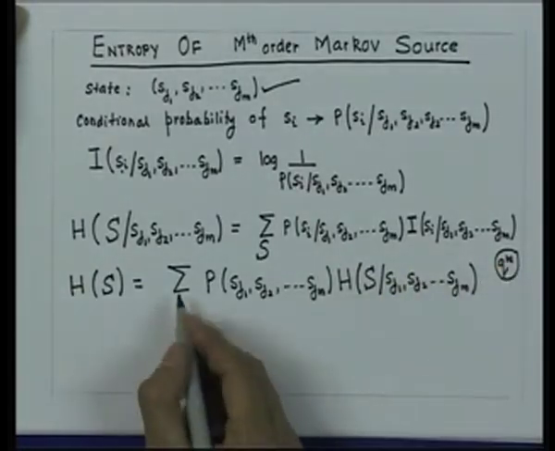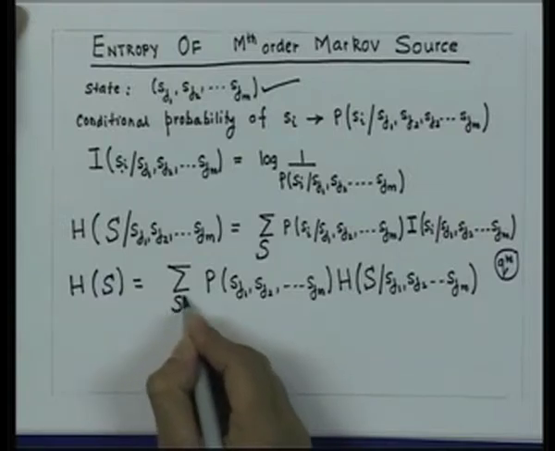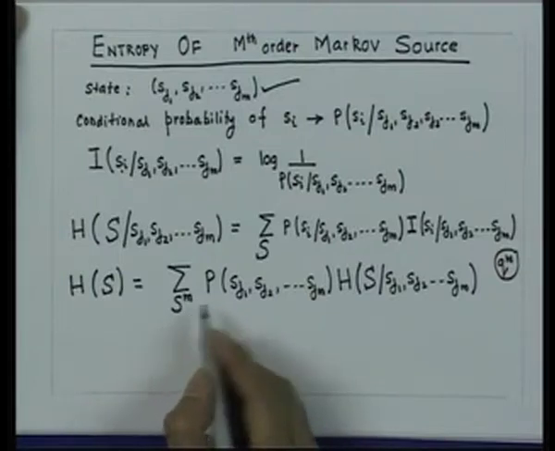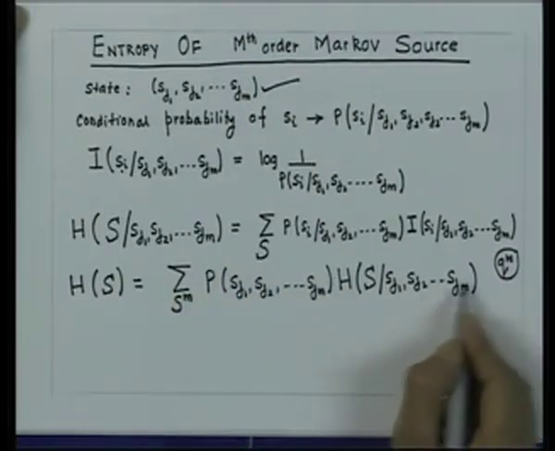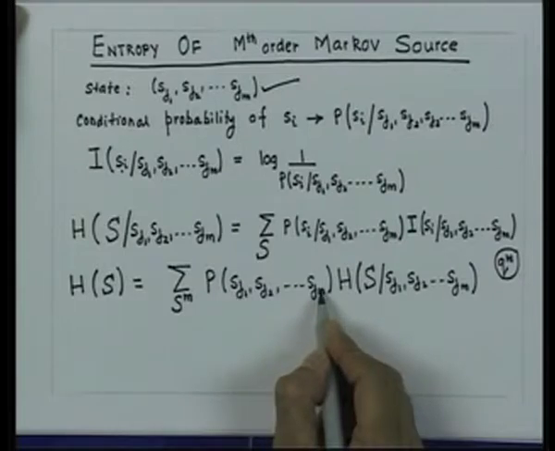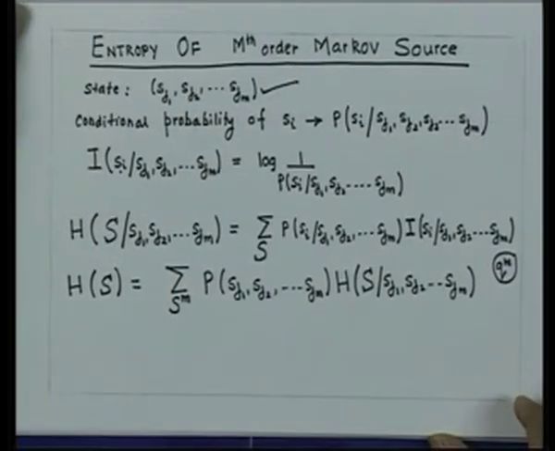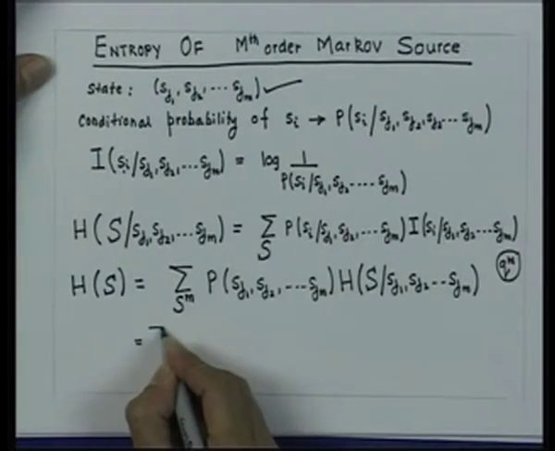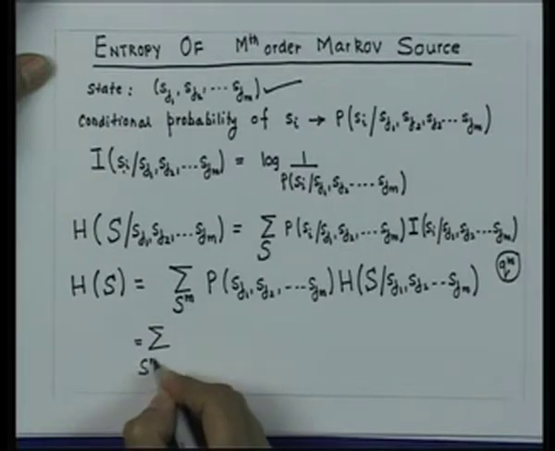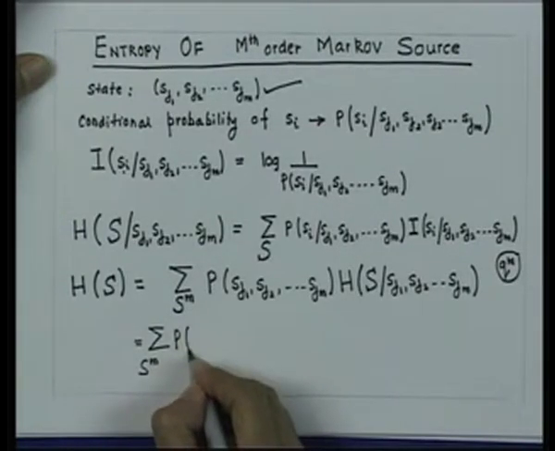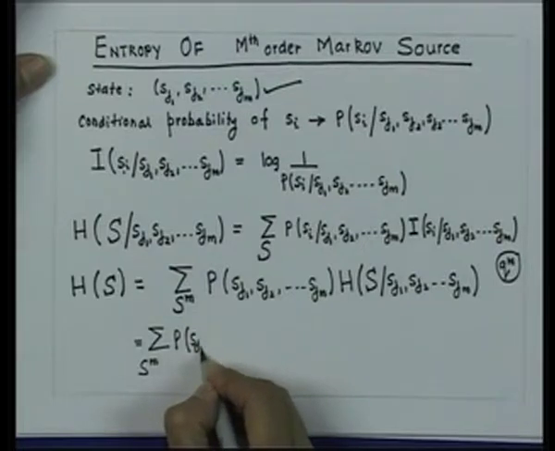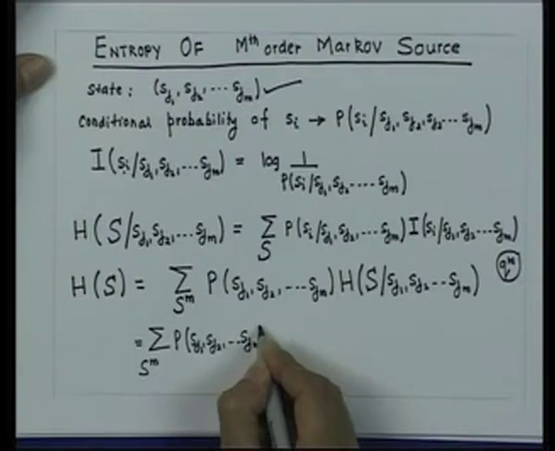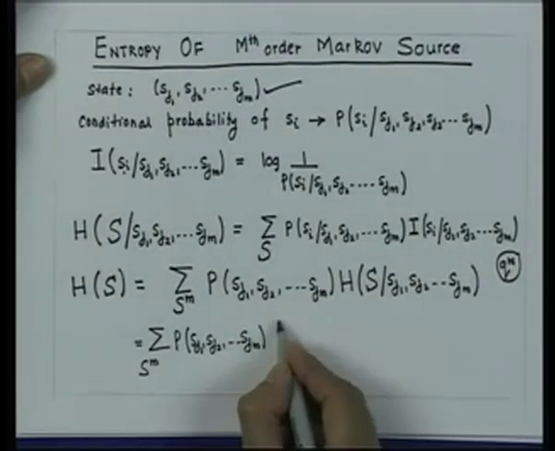Now, to denote that summation, I will just use an abbreviation. I will denote this as Sm. So, when I write Sm, it means that I am summing this over different q raised to m states. So, let us try to simplify this quantity. What I will get is Sm. This quantity comes from here.